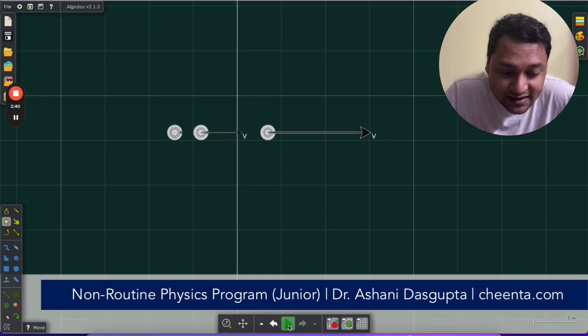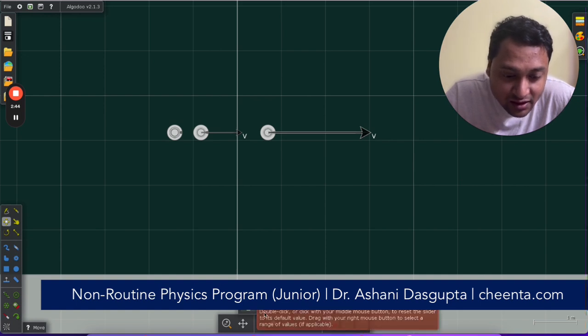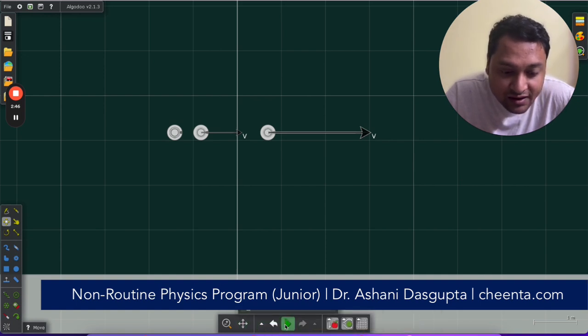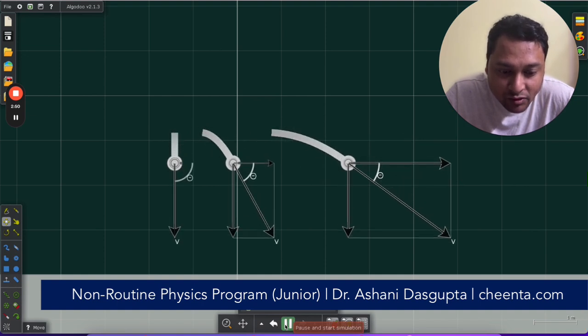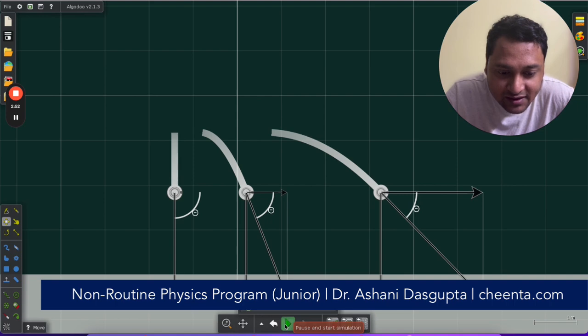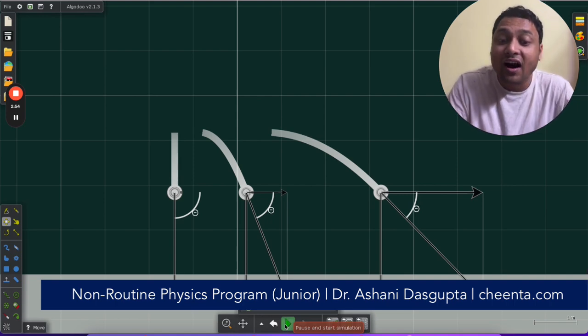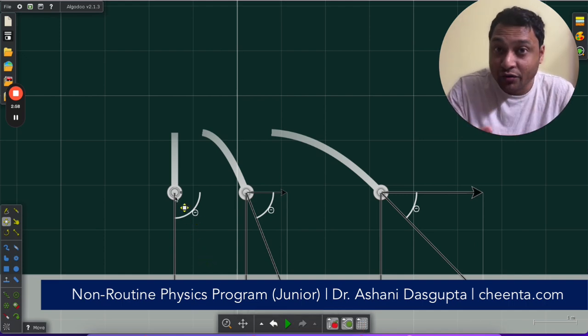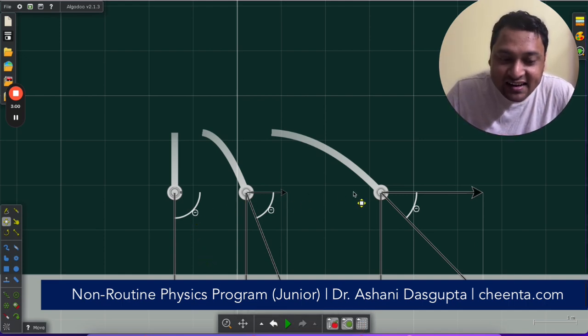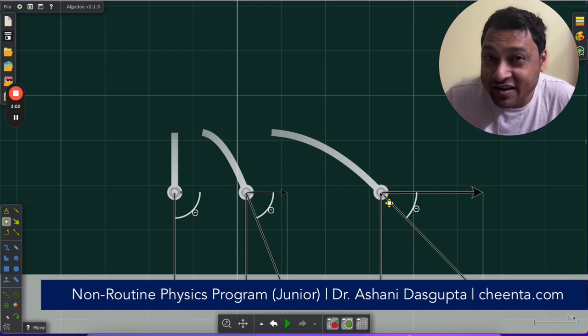So let's click on the play button and let's reduce the simulation speed a lot. And let's now click on the play button and see what's happening. The balls are falling. Okay, let's pause it here. So far, you can easily check because of the grid view that they are still on the same level, right?